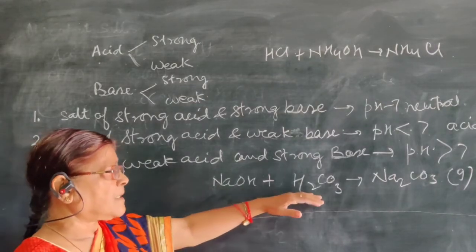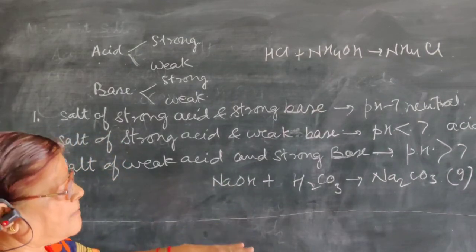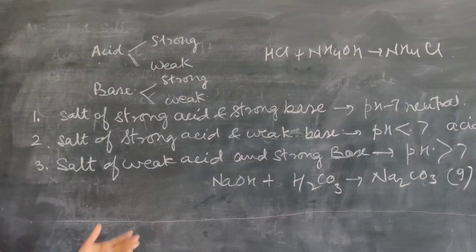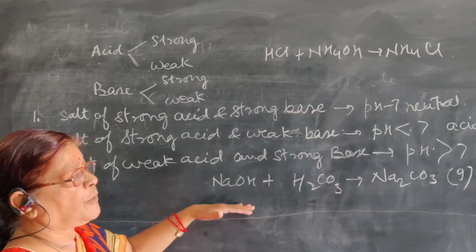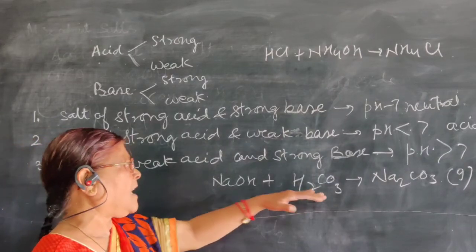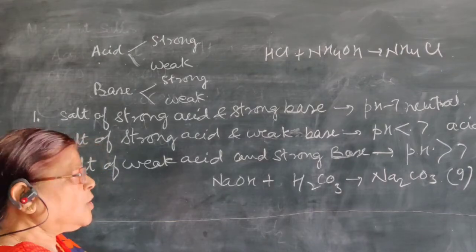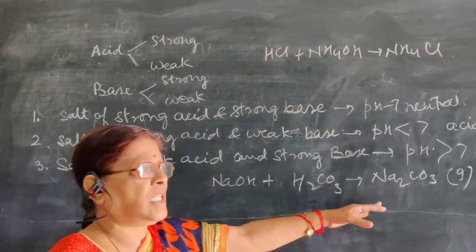So all the H plus ions will be neutralized, but some hydroxide ions will remain in the solution, and that will make it basic. That's why sodium carbonate is a basic salt, because it is made from a weak acid and a strong base. So on the basis of this, these salts will be basic in nature.